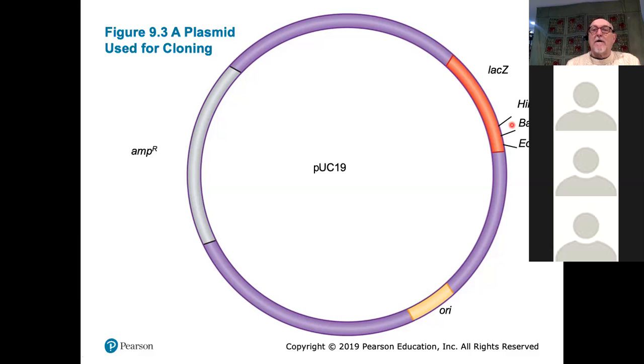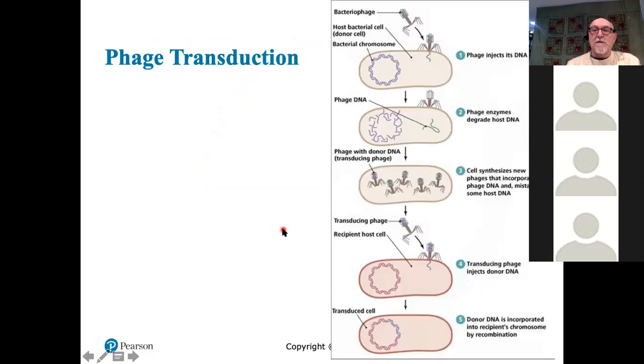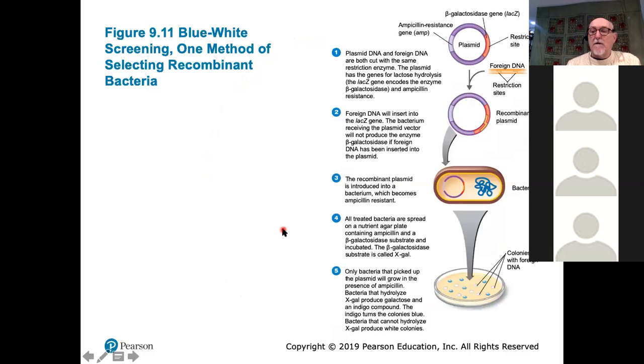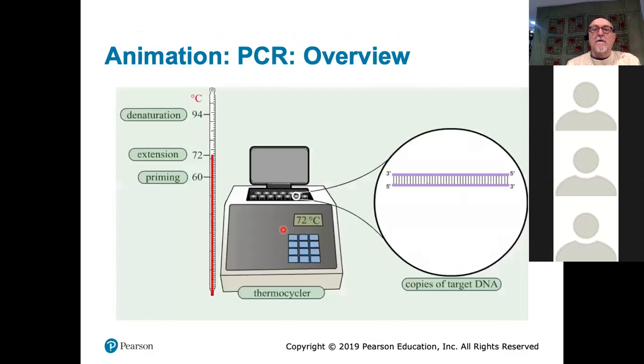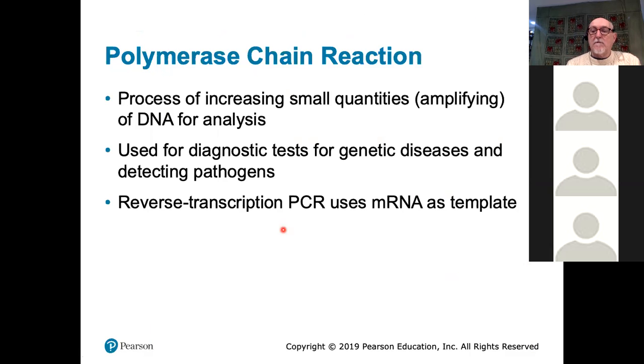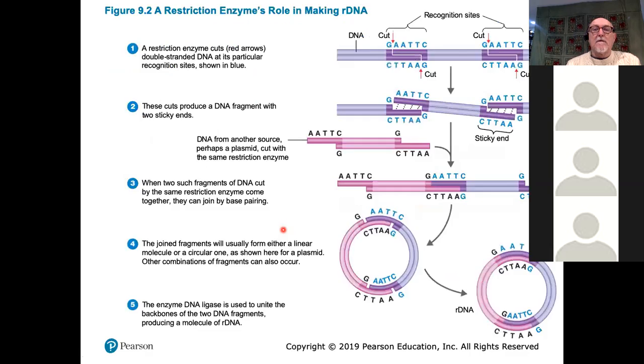No. Hold on. Let me just go here. Where's our little? There it is. Have a look here. So let's just say, I'll just use insulin as an example. Say we've got an insulin gene sitting here, right? And we cut that insulin gene out.